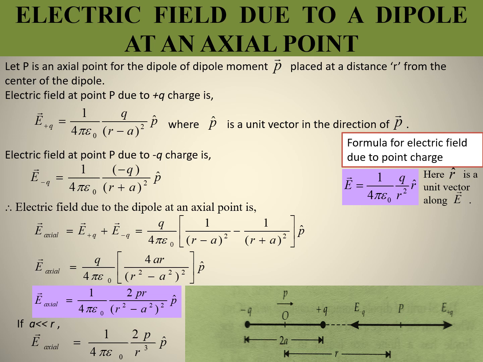That means if the separation between the two charges of the dipole is very small compared to the distance of the point P from the dipole, then under that condition the electric field due to the dipole at point P reduces to the expression 1 by 4 pi epsilon naught into twice P by r cube into P cap. So P cap, which is the unit vector in the direction of the dipole moment vector, denotes the direction of the final electric field.